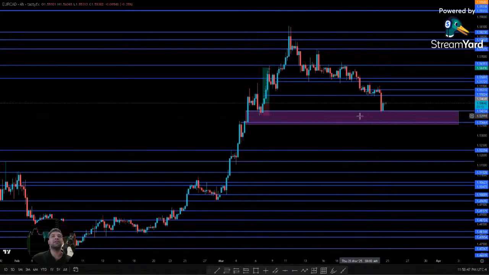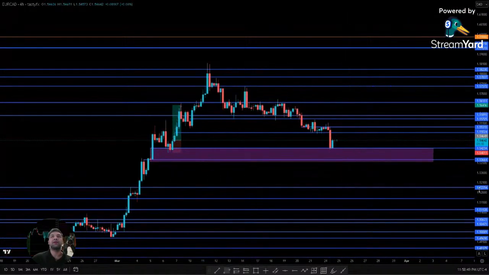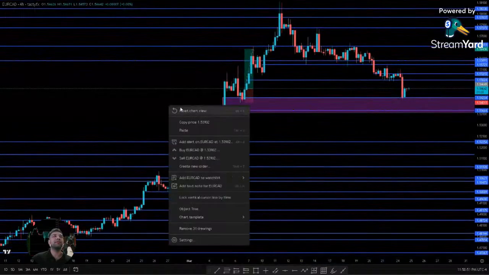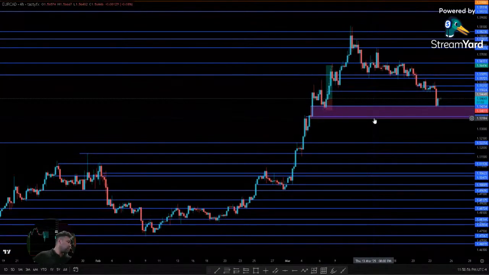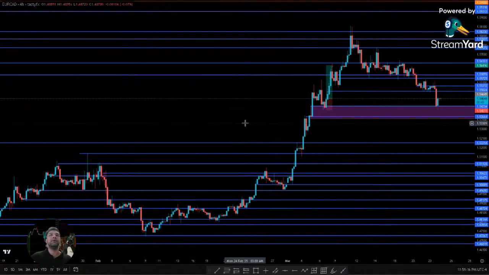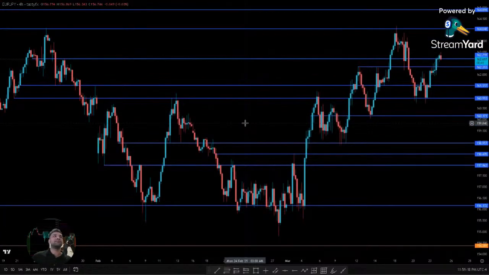Let's see how things actually look in there. Really a good setup in here, by the way. I would be noting it down because it seems quite valid.